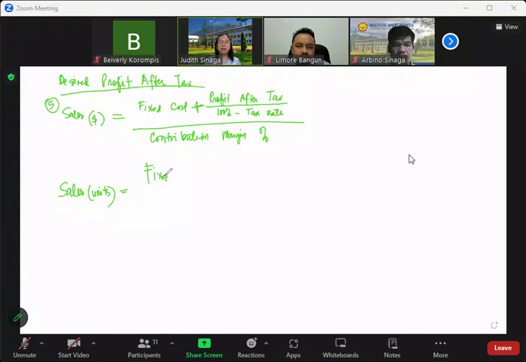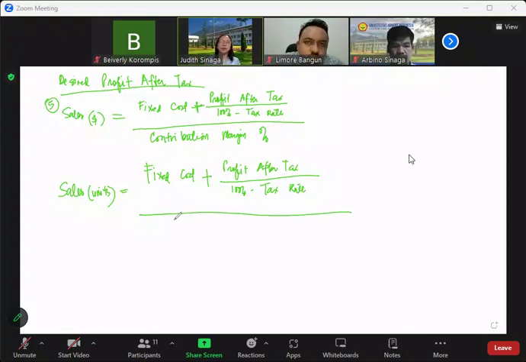Fixed cost plus, this is big, plus profit after tax, okay, 100% less tax rate, over contribution margin per unit. Atau CMU, ya, unit.